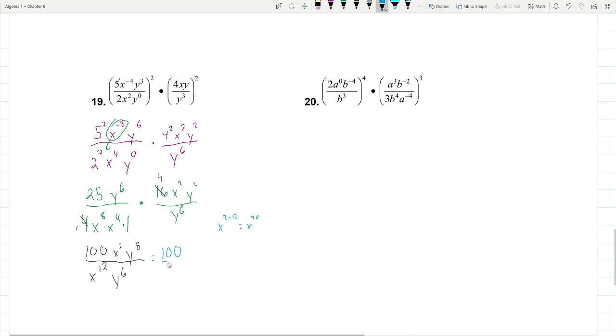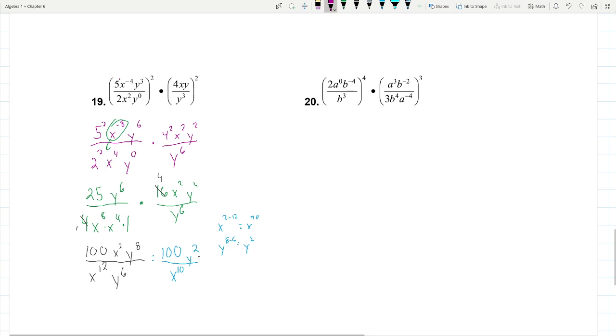And what that tells me is I need my x to be on bottom with that 10, and that makes it a positive number. And then I do my y. Y to the 8th minus 6, that's y to the 2nd power. Okay, this is y squared up top. And that's it. We have all of our bases reduced as far as we can, and all of our exponents are positive.